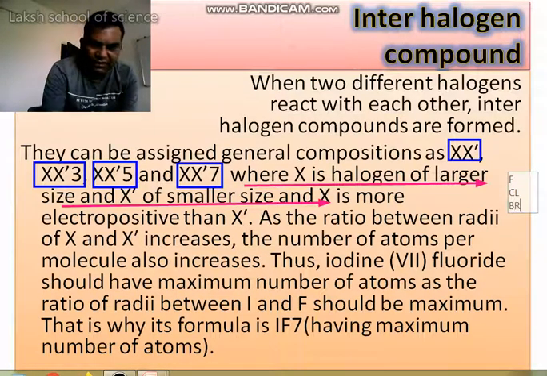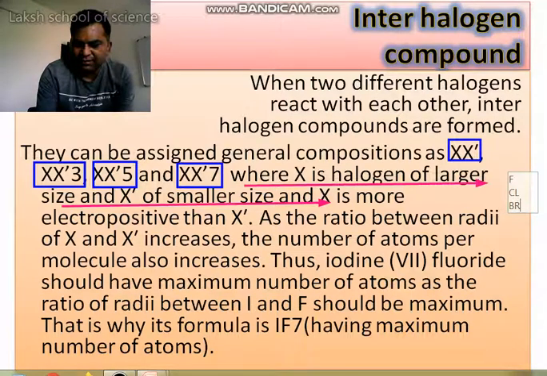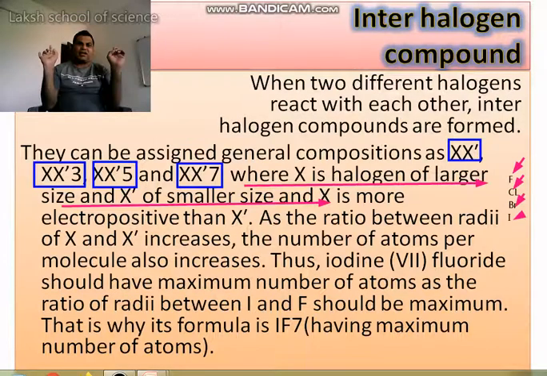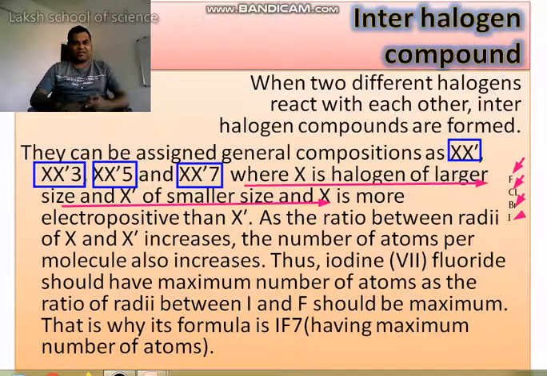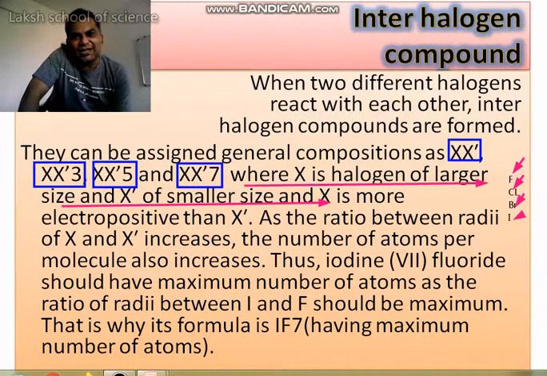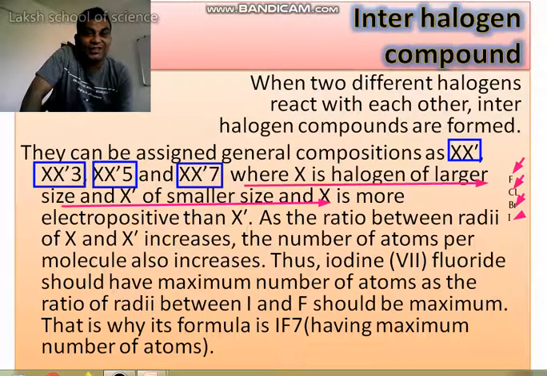Let me explain with fluorine, chlorine, bromine and iodine, the main four halogens. Chlorine is bigger than fluorine but smaller than bromine, and iodine is the largest. So X will always be iodine and X' will always be F.